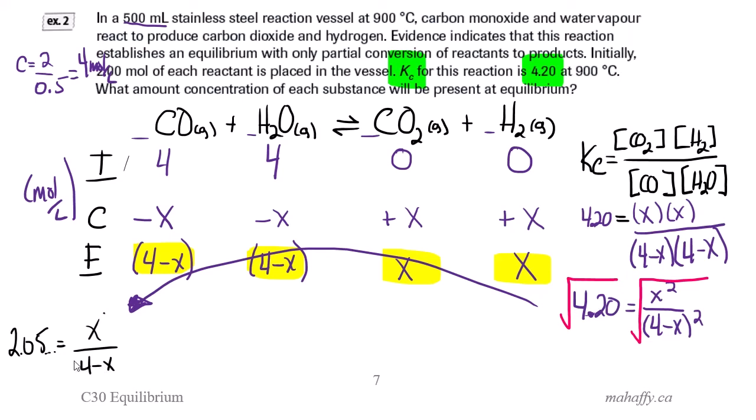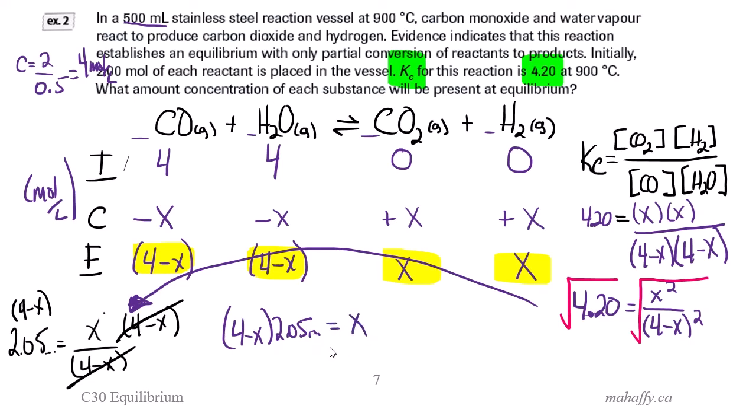So let's multiply by 4 minus x on both sides to get the x's up to the top of the fraction. We multiply by 4 minus x here and 4 minus x here. These are going to cancel, and that gives me 4 minus x times 2.05 is equal to x.